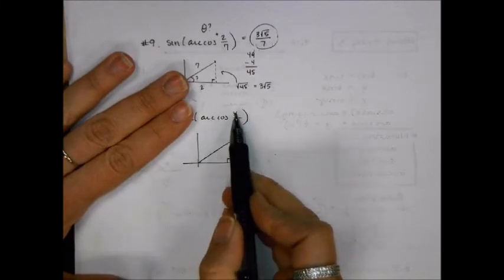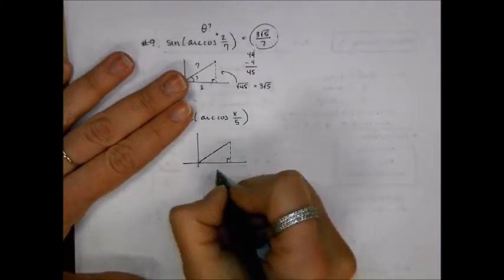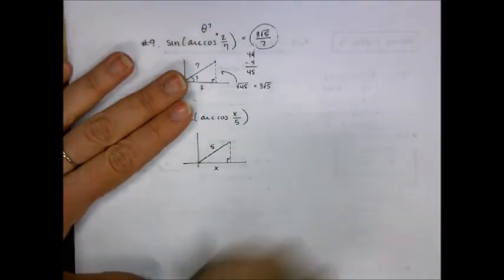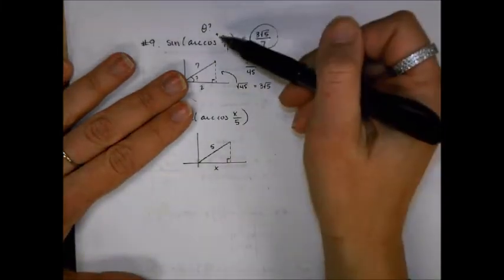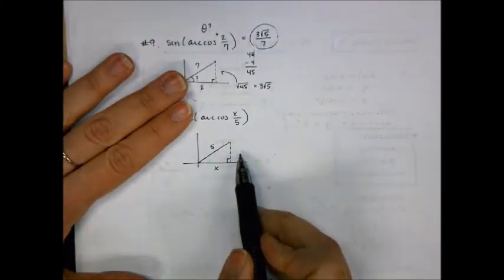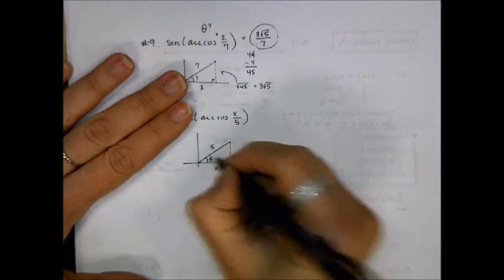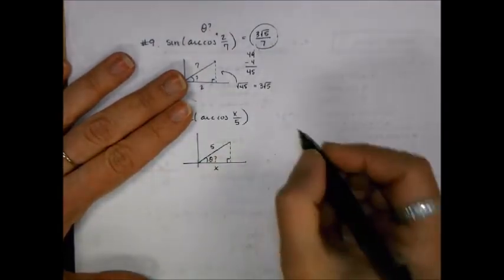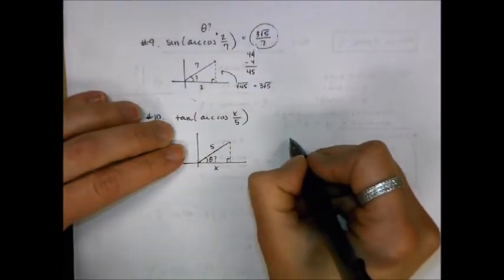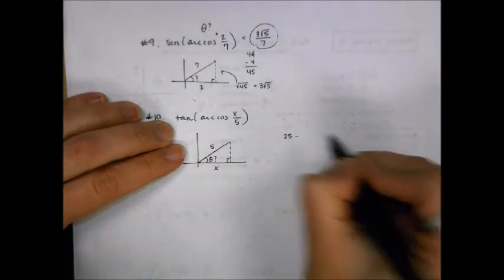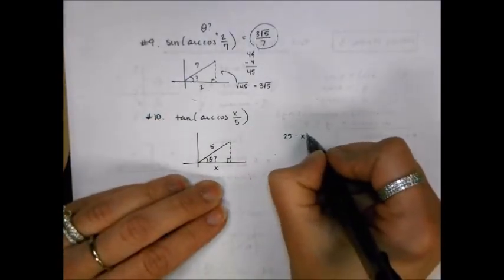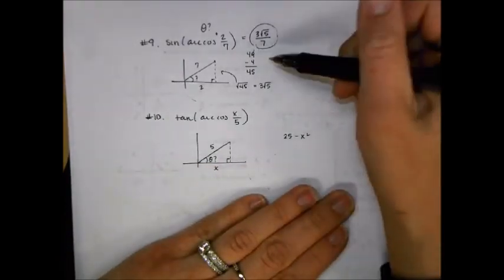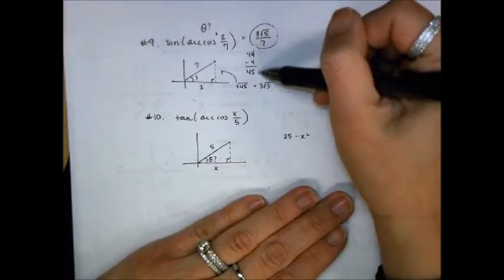And just like last time, we'll solve for that missing side. So we do not know what this angle is, but we'll take 25 and subtract x squared. And last time when we did that subtraction, we had a number and we could take its square root. This time we just have the expression 25 minus x squared.